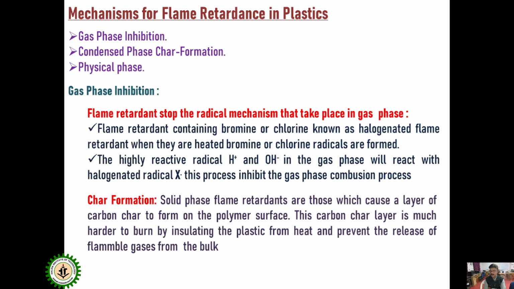By the mechanism of combustion, carbon char is produced and deposited on the surface of the polymeric material, and that carbon char layer is much harder to burn, insulating the plastic from heat and preventing the release of flammable gas from the bulk. That is the main mechanism.